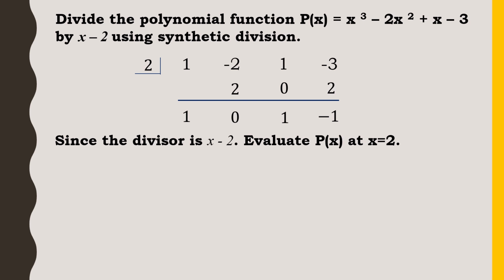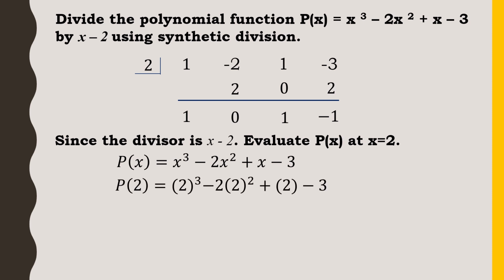Now, since the divisor is x minus 2, let us evaluate p of x at x equals 2. We substitute positive 2 for x, and that gives us 2 cubed minus 2 times 2 squared plus 2 minus 3. Simplifying, we have 8 minus 8 plus 2 minus 3.